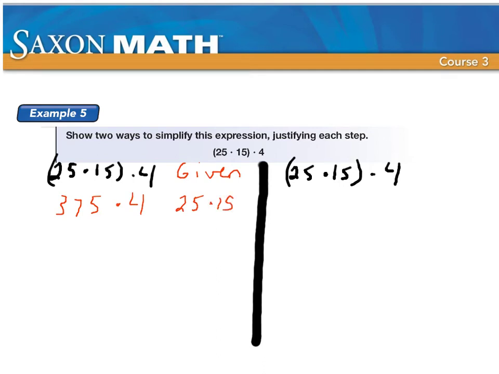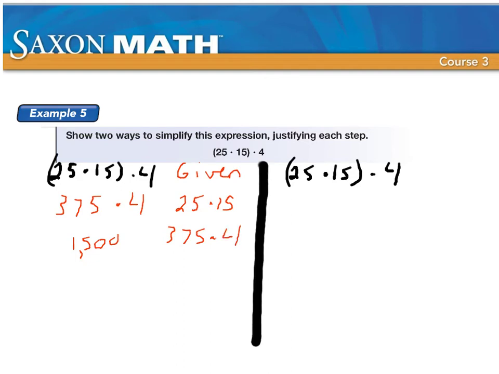Okay, that's the step that I did. And I got 375. Now I wouldn't expect you guys to be able to do that in your head. Okay, that's fine. I would expect to see some work on the paper for that. Okay, well now I only have one thing left to do. 375 times 4. And that's 1,500. Okay, and again, the only thing I did there was I just multiplied what I was given.